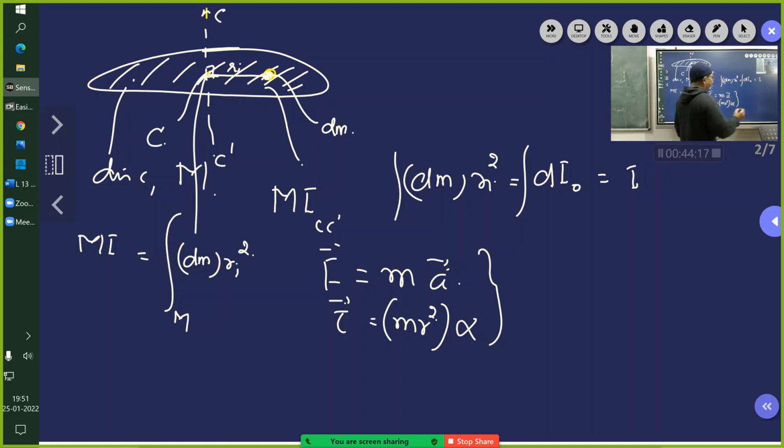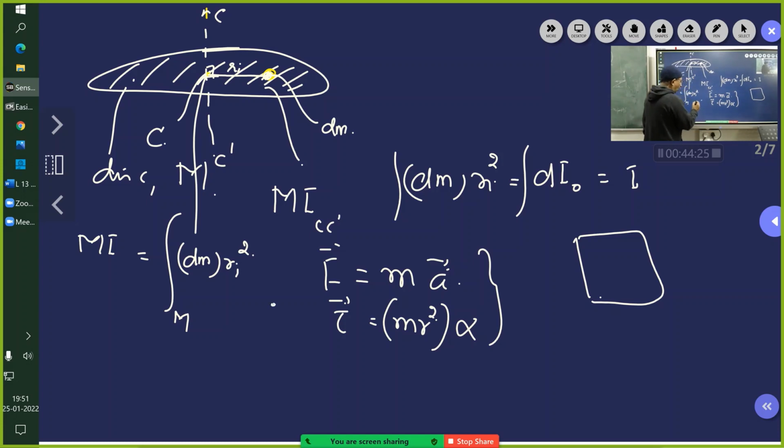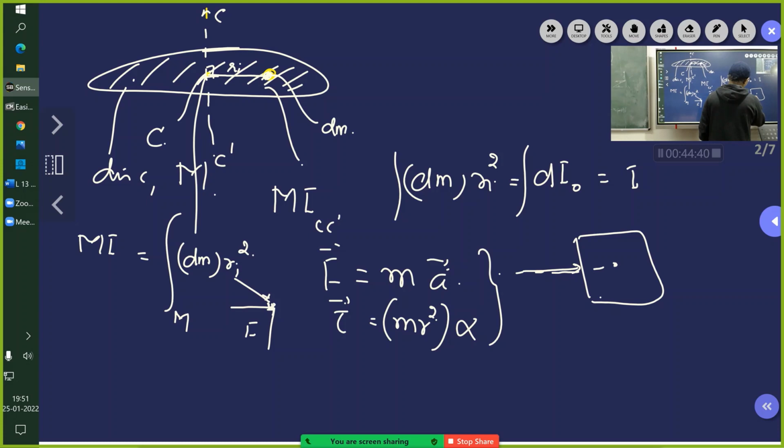As far as a particle is concerned, wherever and in whatever direction you apply force, the particle will accelerate in the direction of the force. However, if you take this body and apply a force whose line of action passes through the center of mass, then it will only translate.